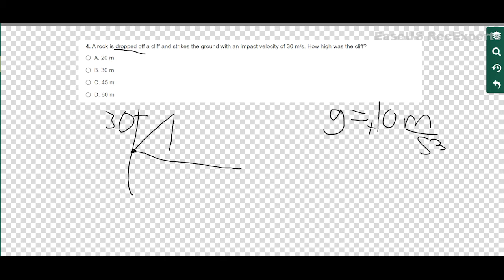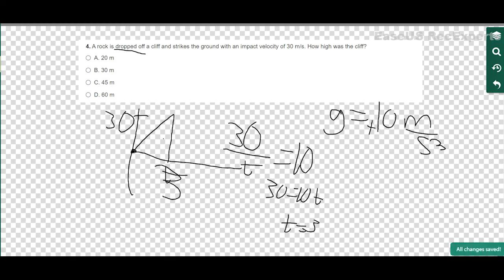Now we want to find the displacement, right? So in order for that, what we can do is set your rise of 30 over your run, set that equal to t, equal to 10, right? Now you can make 30 equal to 10t. T is going to be equal to 3, right? So we can replace this t with 3.